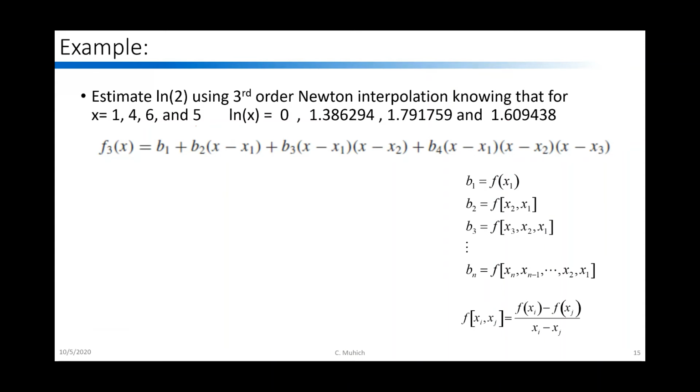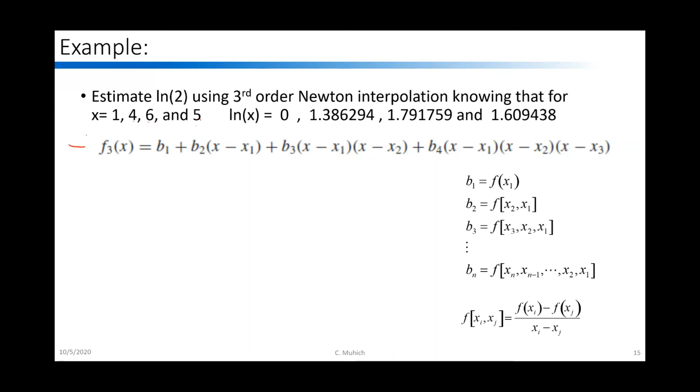I will point out that we don't necessarily have to go in order, right? I can go 1, 4, 6, 5. I don't have to have these lined up 1, 4, 5, 6. This is important because I can always go back and add data, and that data doesn't have to lie on the outside. It can be between two existing data points without messing up our method.